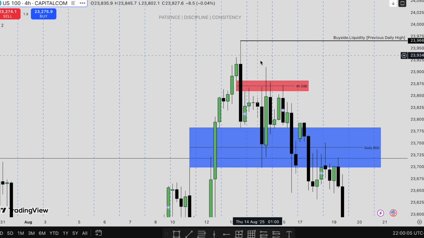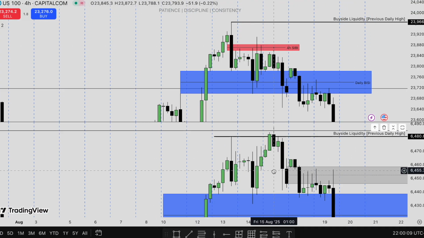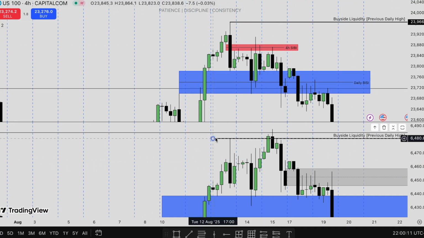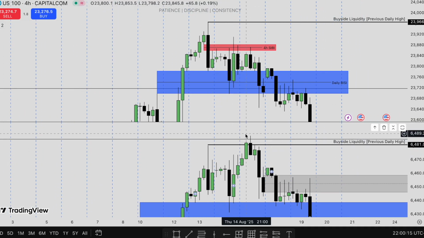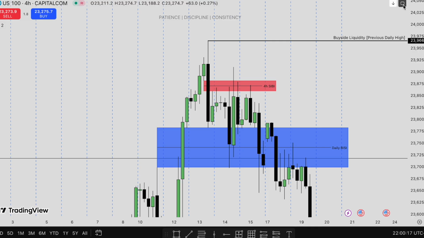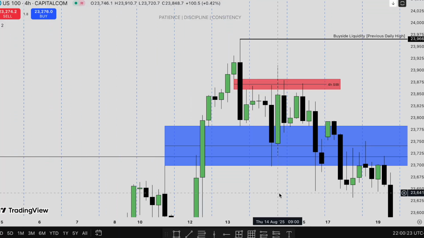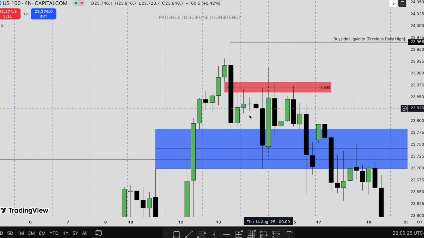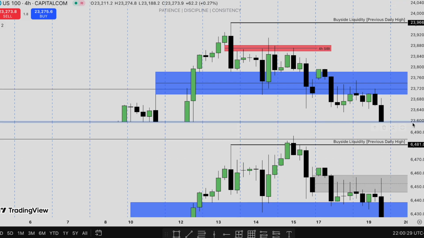But we have an SMT at the highs right here with ES, with S&P. As you can see, we have an SMT right there. But anyway, I was looking for price to trade through this. We did not. But regardless, I came out profitable on the day. I managed to secure profits.